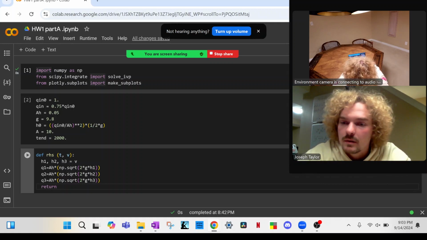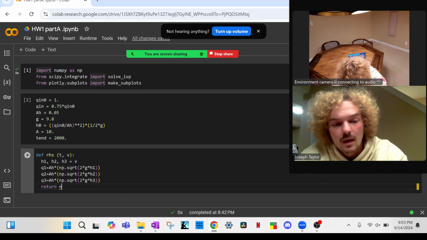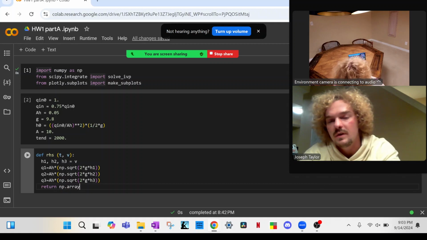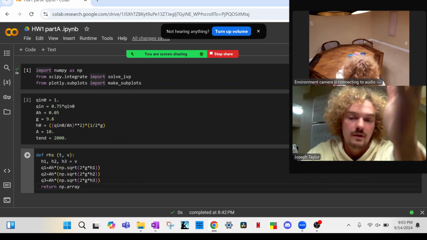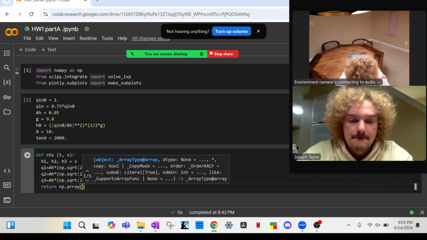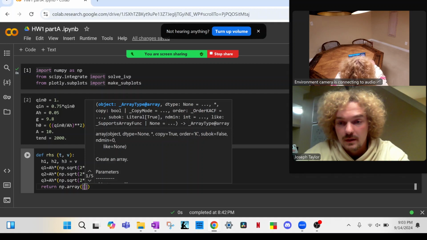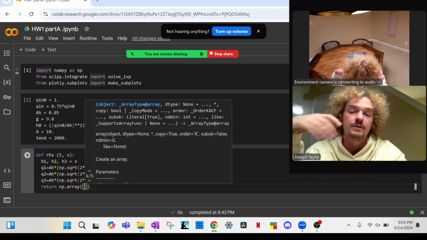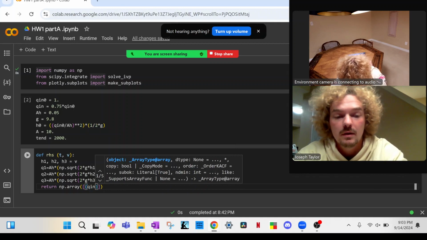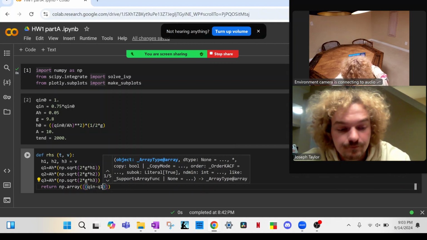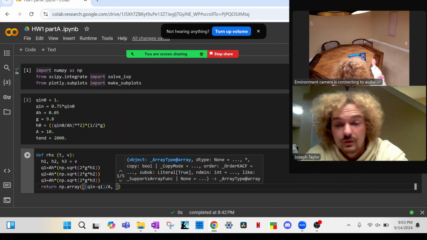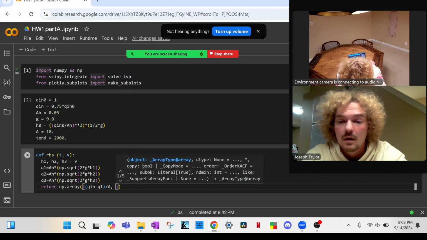So we are going to want to return the array, which is an array just because we have 3 equations and we need 3 outputs for those equations. And that's going to be our H values, which we saw was Q_n minus Q1 divided by A, which is the cross-sectional area of the entire tank.